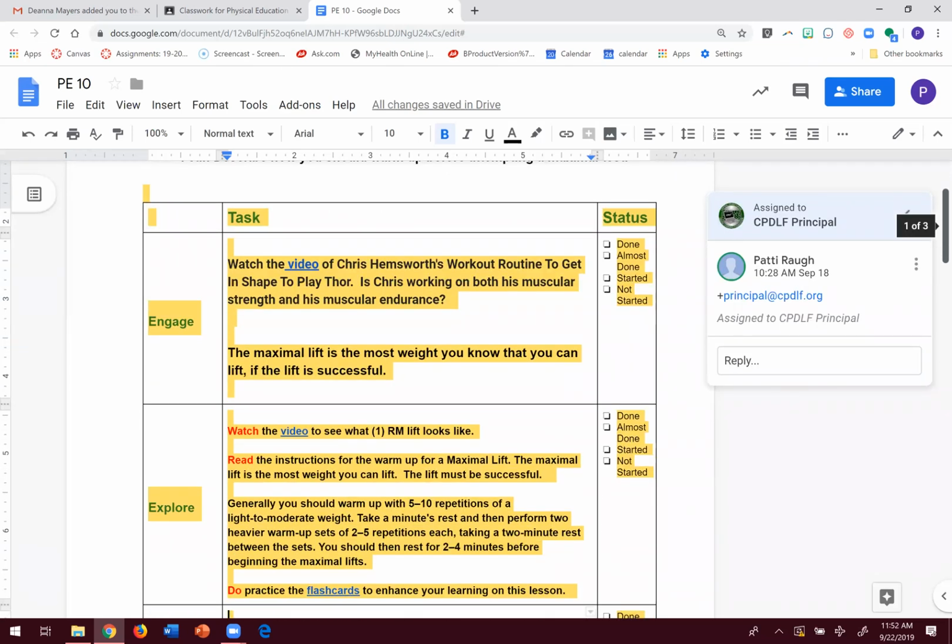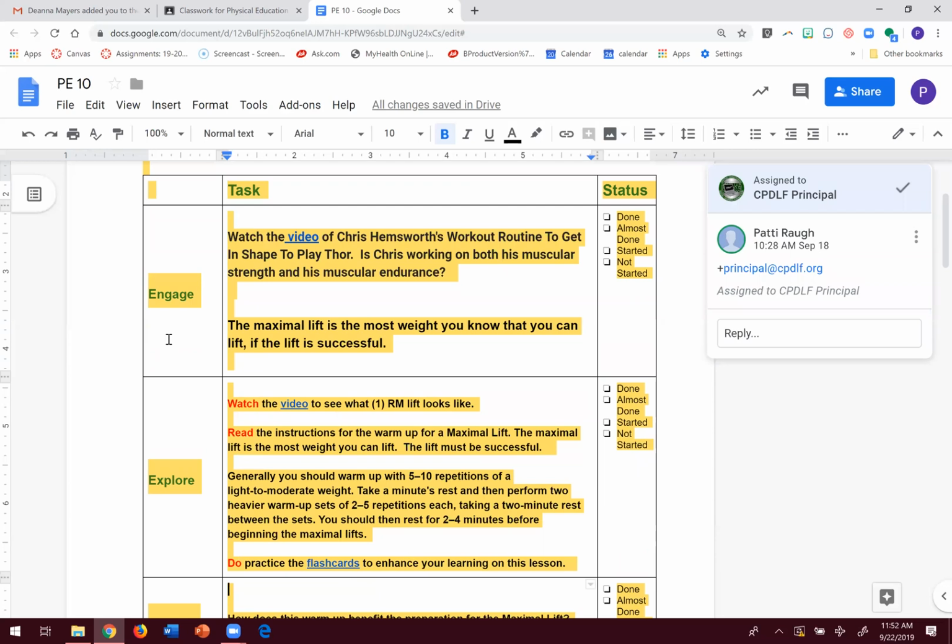When you're going through this, I want you to understand that in the engage section, you will only be introduced to the lesson, all right? Nothing to do, nothing to write. Again, you're just getting introduced.